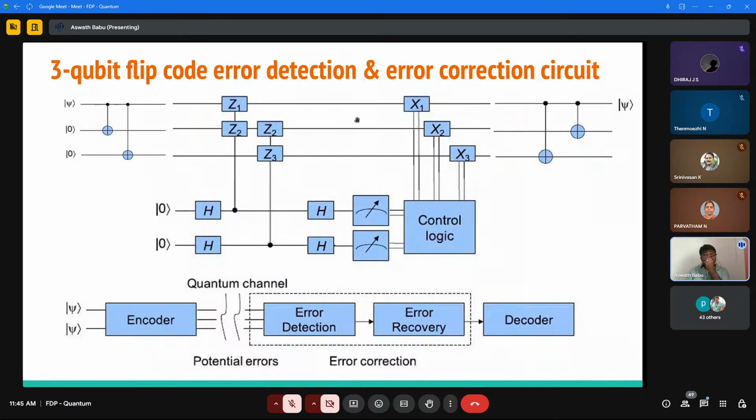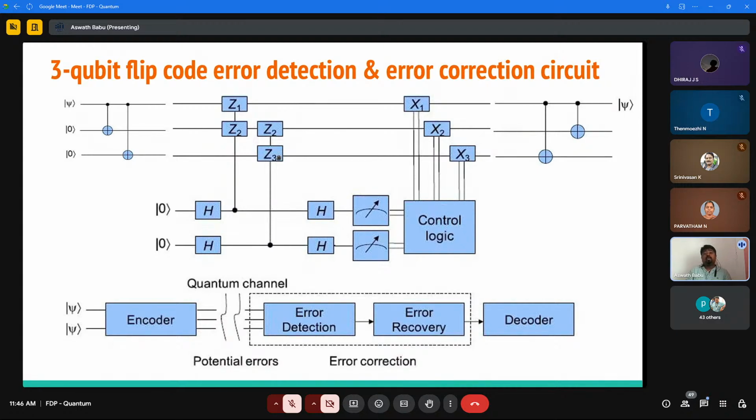Now on those 3 qubits, I'll make the Z1 Z2 and identity operation. Whatever operations I make, I'll get some result. Based on the result, I will do the correction with an X gate operation on the corresponding qubit, and the Z2 Z3 measurement also I will make.